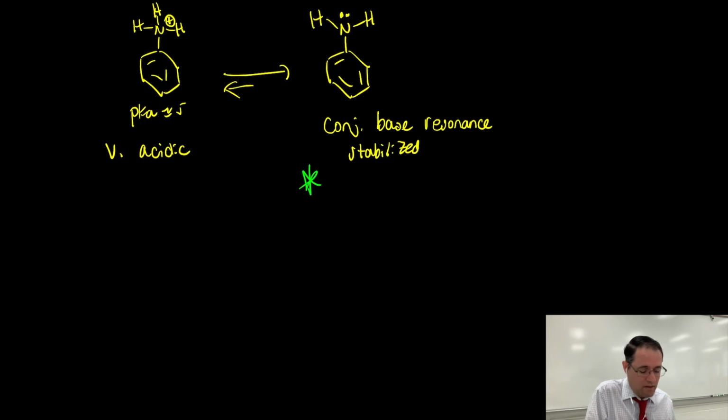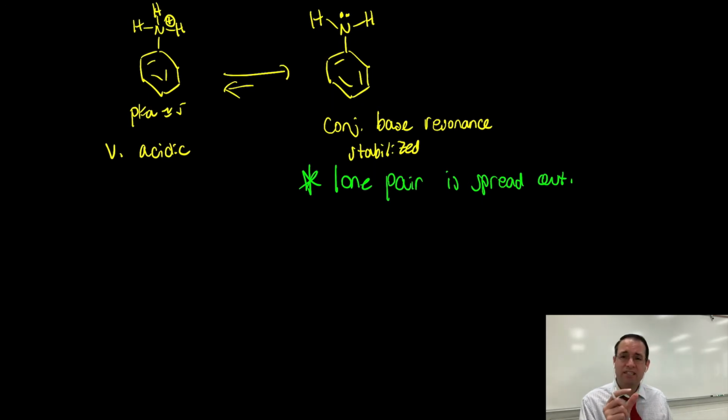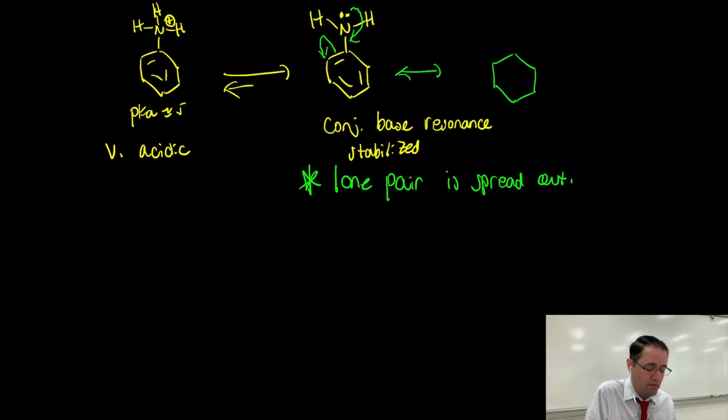Okay? Let me emphasize that by saying the lone pair that's produced is spread out, okay? Remember, whenever electrons can spread out over a molecule, it creates a very stable situation. So these lone pairs here, okay, can engage in conjugation with the pi bonding electrons in the aromatic ring to give you various resonance structures, okay?